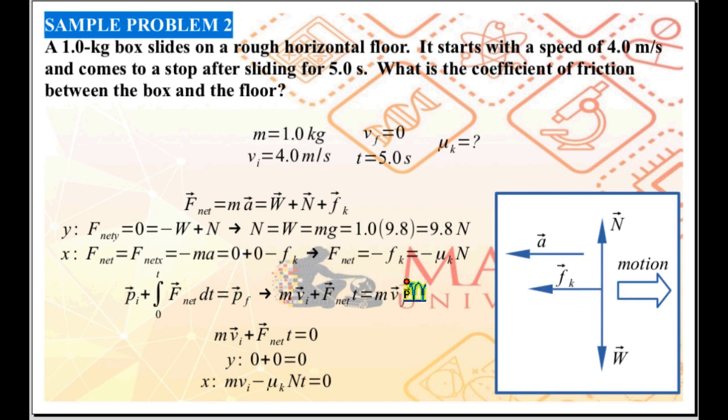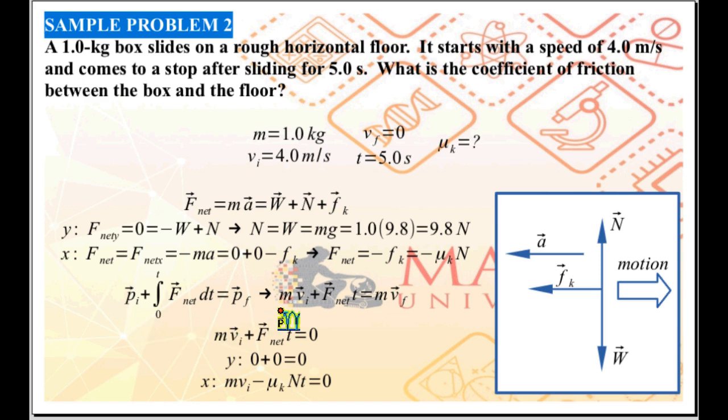F net is equal to negative F k. So we use the equation wherein we have impulse. So initial momentum P i plus impulse due to F net is equal to final momentum P sub f.